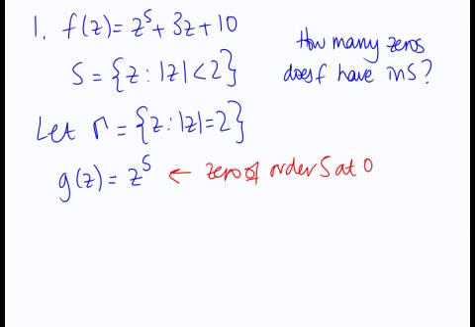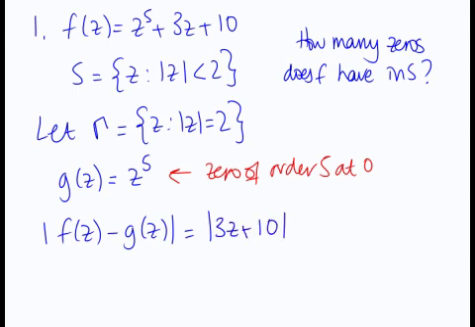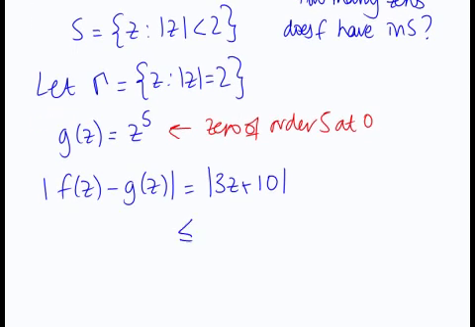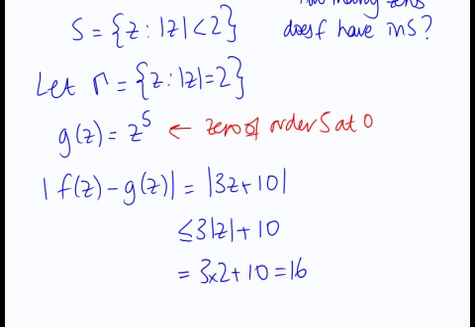So let me now look at the modulus of f of z minus g of z, and that is just going to be the modulus of 3z plus 10. I now just apply the triangle inequality, and that is at most 3 lots of 2 plus 10, which is 16, for z in gamma.